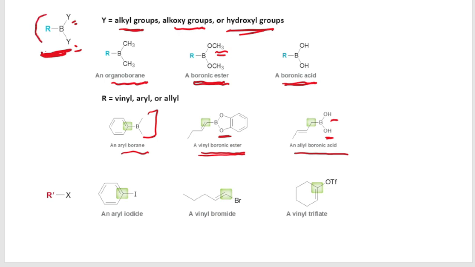And like Stille reaction, your R will be a vinyl, aryl, or allyl moiety. Regarding your organoelectrophile, your X can be iodine, bromine, or triflate (OTf), and R prime will be your aryl moiety and vinyl moiety.